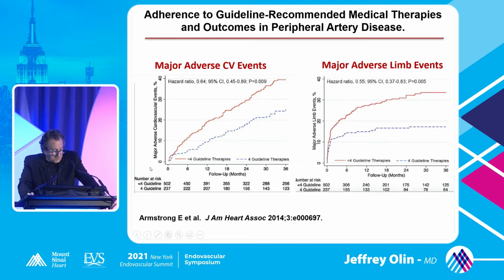If you were on less than 4 guideline-directed therapies, smoking cessation, statin, antiplatelet agents, ACE inhibitors, your risk of major adverse cardiovascular events is quite high, whereas if you're on greater than 4, your risk is reduced by about 35%. Same thing for major adverse limb events. If you are on greater than 4 guideline-directed therapies, your relative risk reduction is 45% in major adverse limb events.